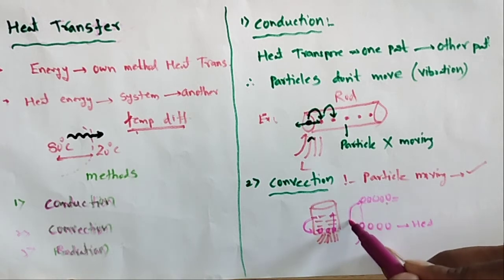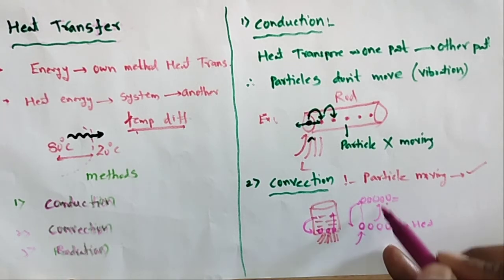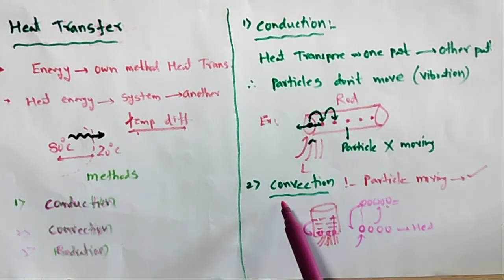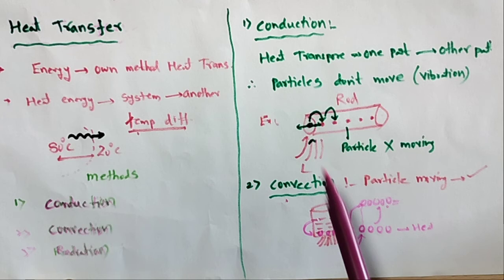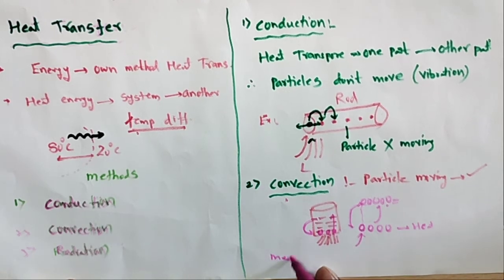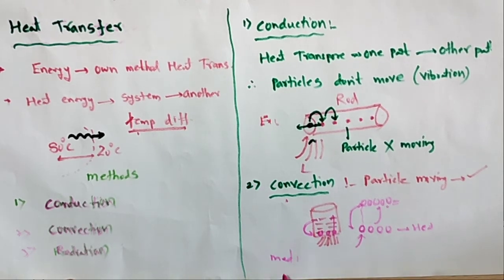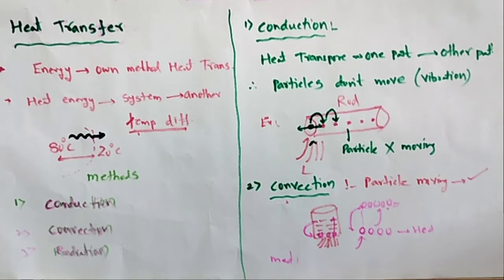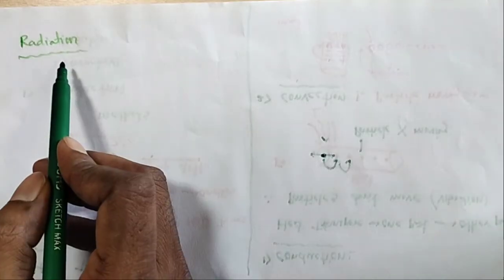This cold water comes down, so the particles are always exchanged. This process is called convection. Therefore, in conduction and convection, a medium is compulsory. Without a medium, particles cannot transport heat.